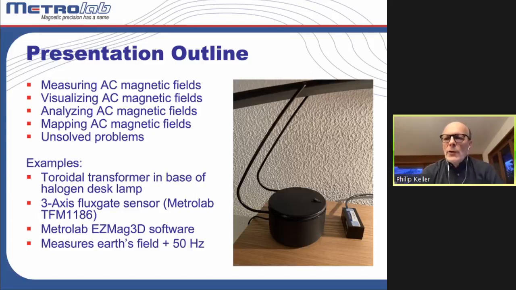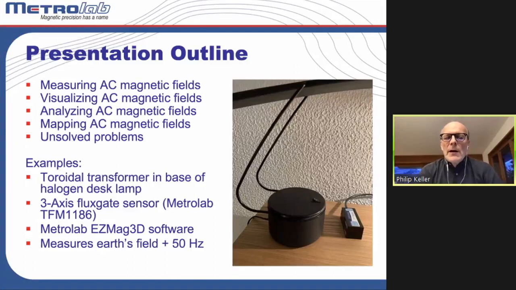And for this presentation, I'm using some examples. As most of us, I've been working at home for almost a year now, and I was looking around for a nice source of AC fields until I realized I had it sitting right in front of my nose.